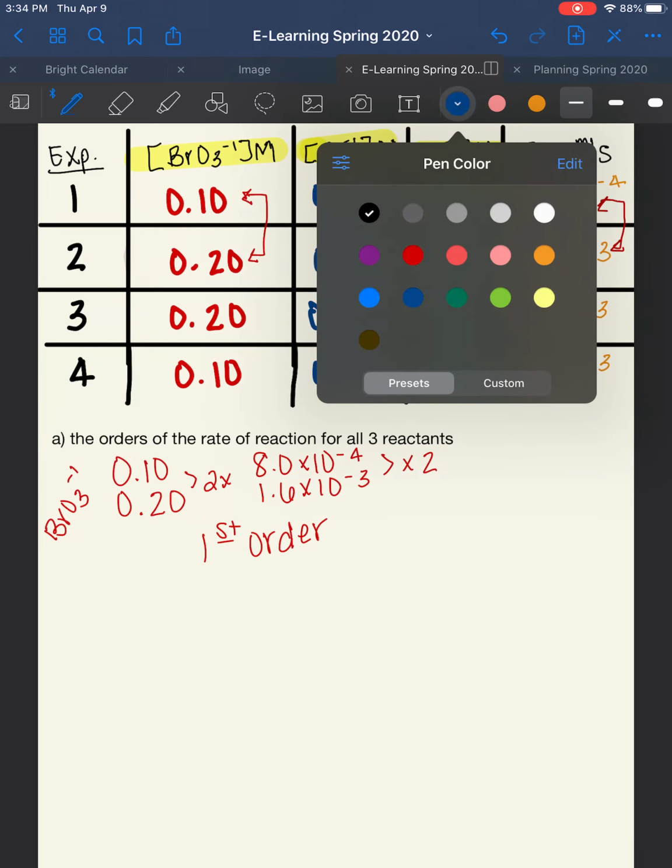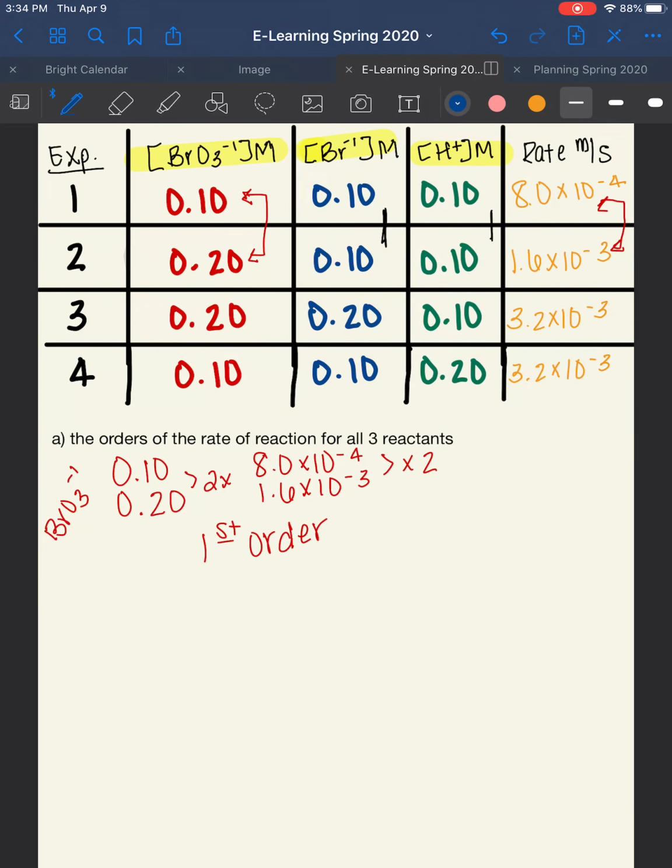Okay, so that's for BrO3. Next, let's go to Br negative 1, a bromide ion. Again, I'm going to be looking at the two experiments where the concentration of Br negative 1 changes, but the other two reactant concentrations stay the same.